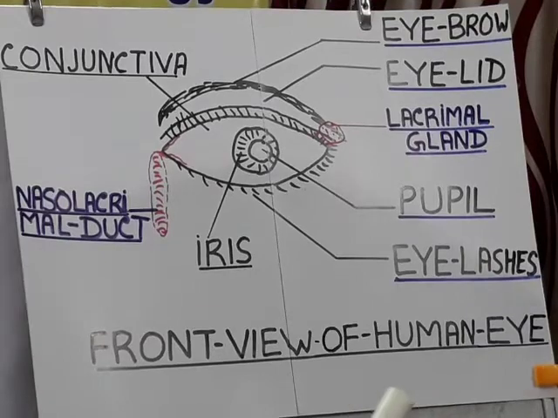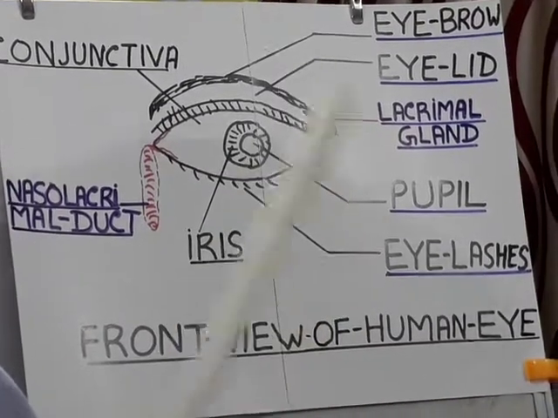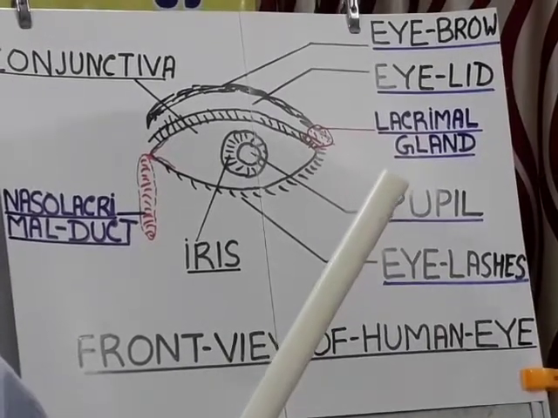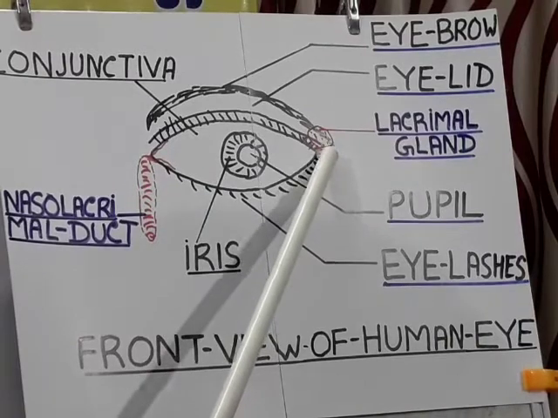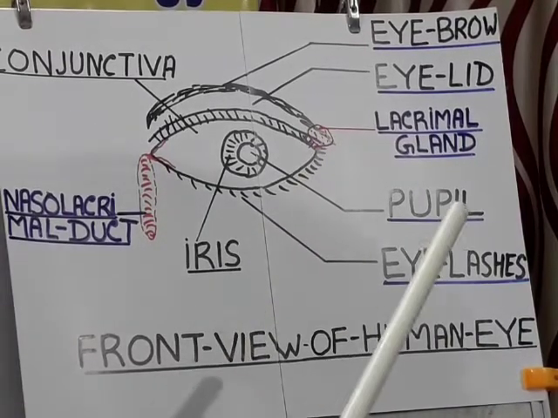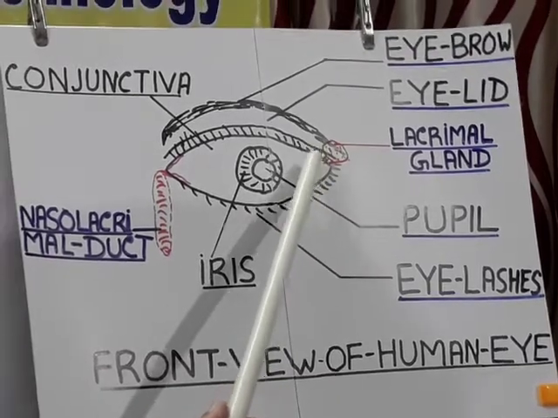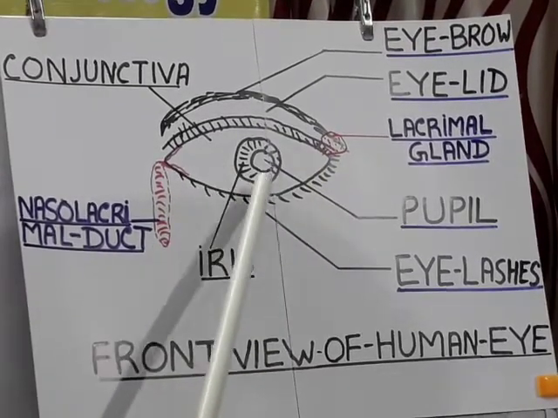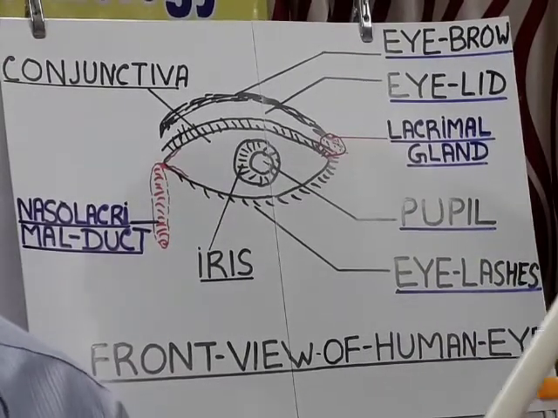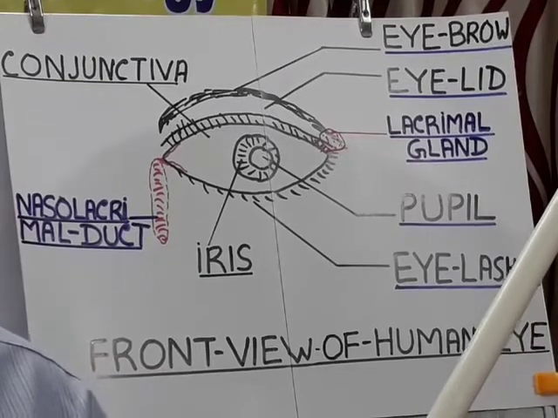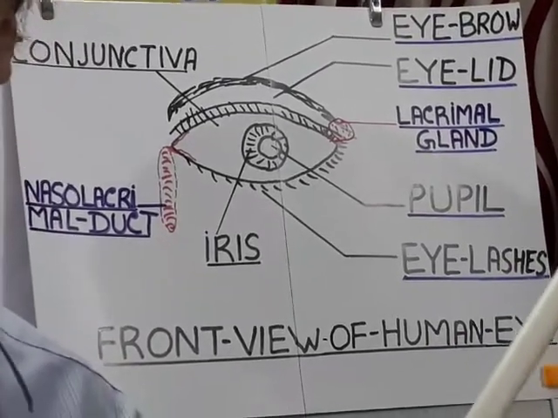You will be surprised to know that every time in our eyes, tears are developing from the tear gland or lacrimal gland. They come through 6 to 12 lacrimal ducts over the surface of the eye, and every time, after some time, we make a blinking of the eye.